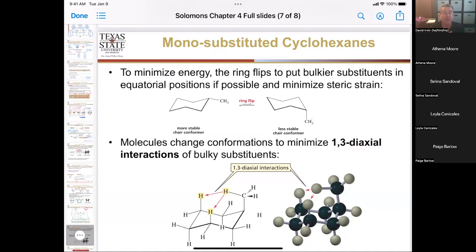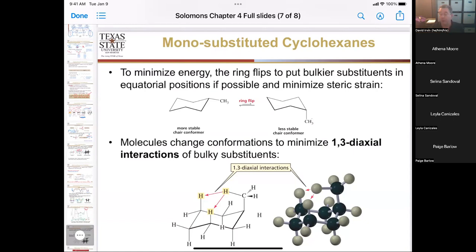All right, that being said, let's move on to what if you have a substituent. No matter how big your substituent is, it's always going to be more stable in an equatorial, around the outside position than in an axial position. Why?